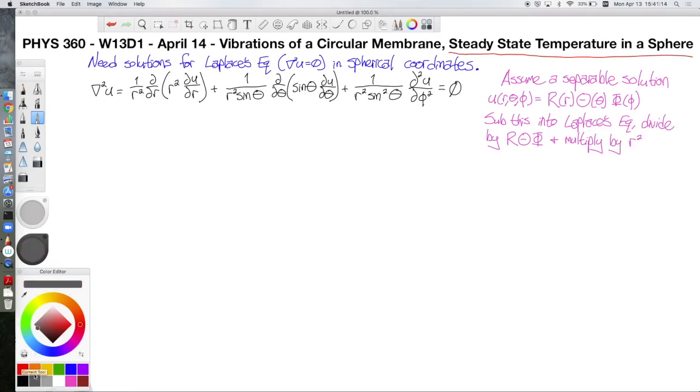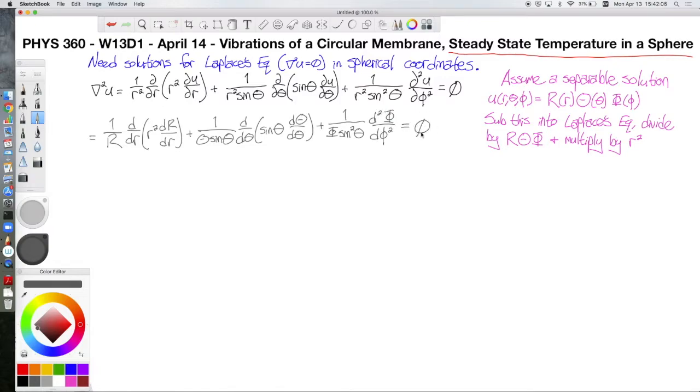And we obtain the following equation when we do that.